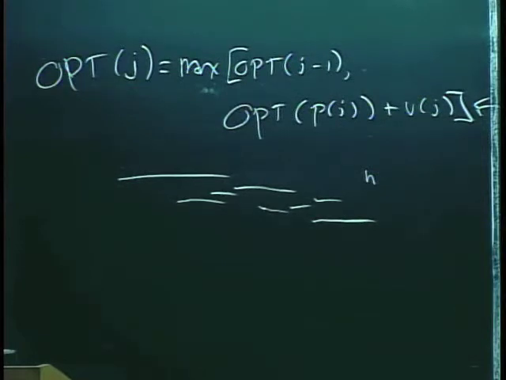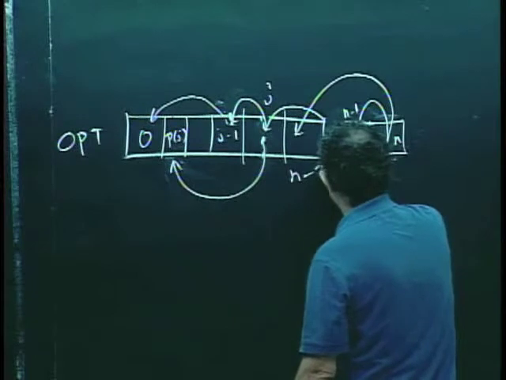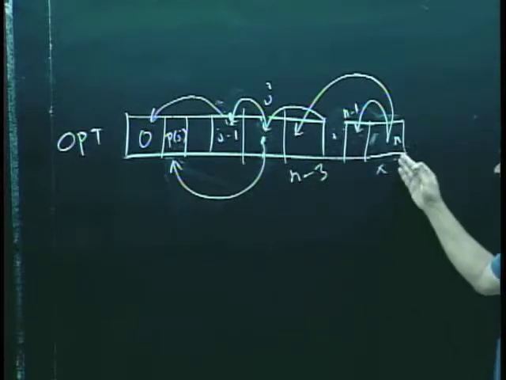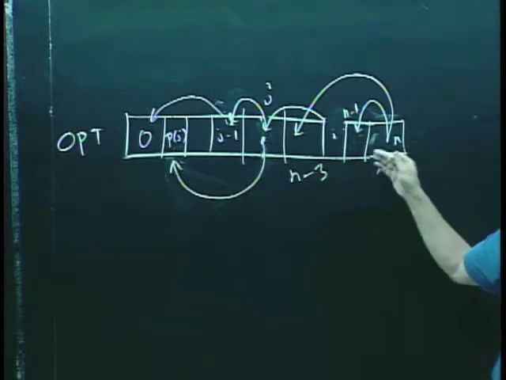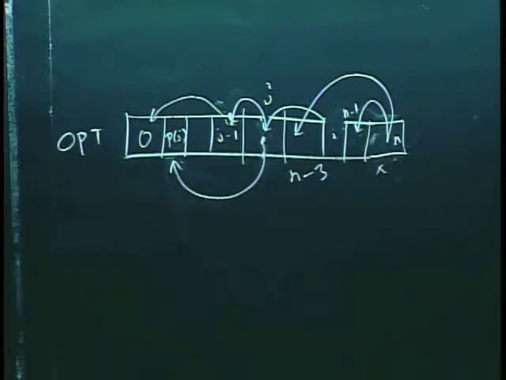Okay, so I guess the easier case would have been, what if the pointer goes way over here to something less than n minus 1? Then I think you'd all say, yes, you definitely take n. Right? Because you're in the case where the opt was this thing, because p of n is less than n minus 1.